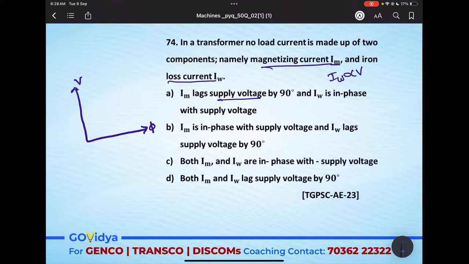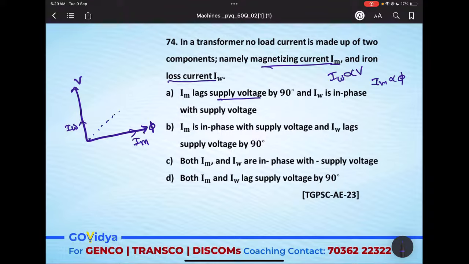This will be the IW. And magnetizing current IM is directly proportional to the flux. So our IM will be in phase with the flux, and it will be far greater than IW. So what will happen? The equivalent phasor is no load current I naught.